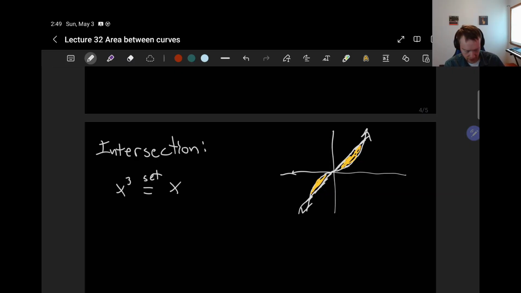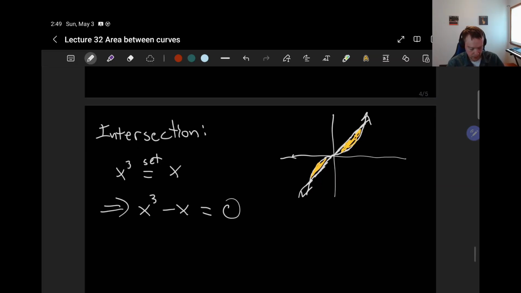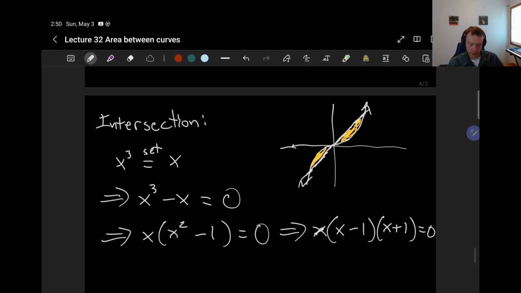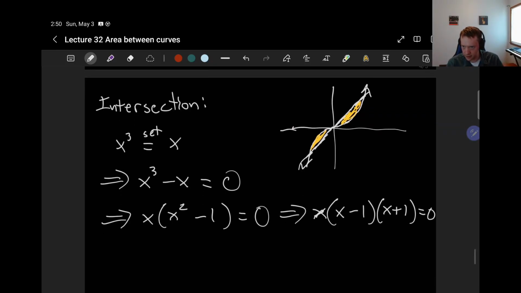So what you really want to do is subtract x from both sides and then factor out x. And then you can factor this one too. So we can see that the intersection happens when x is 0, when x is 1, or -1.